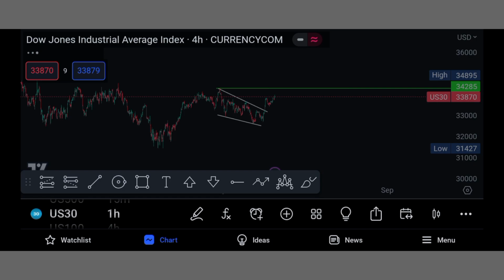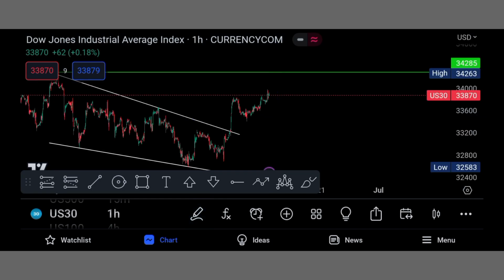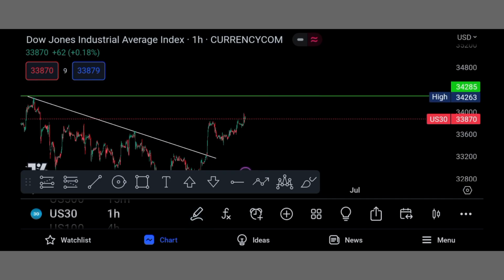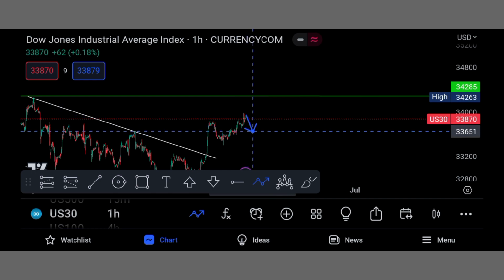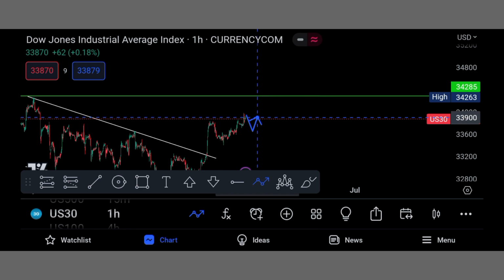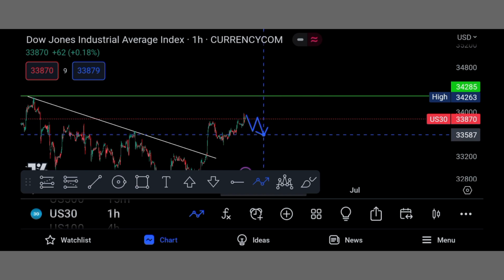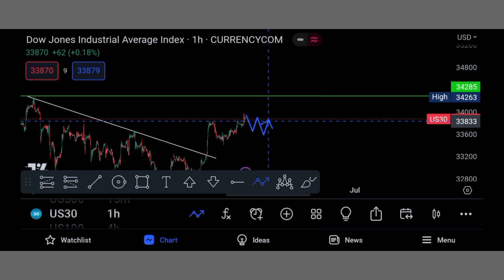If you go over to the 1 hour time frame, right? It would be ideal for me to look for a setup that is like a bullish flag, something like this.